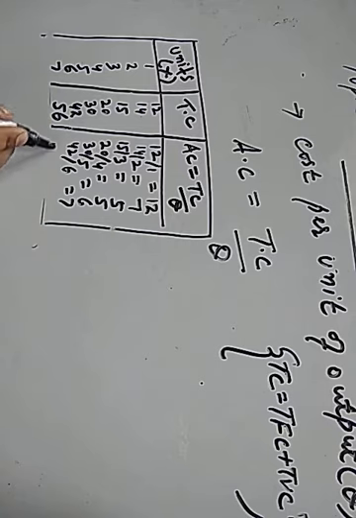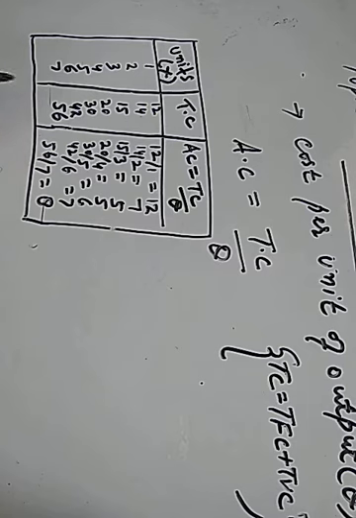And then 56 divided by 7 equals 8 rupees per unit output.